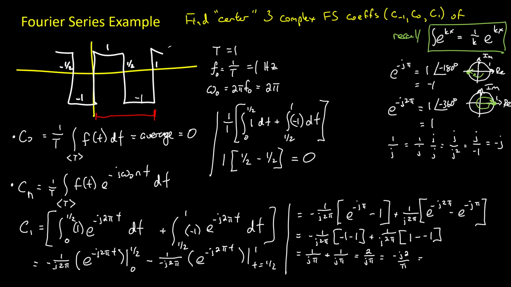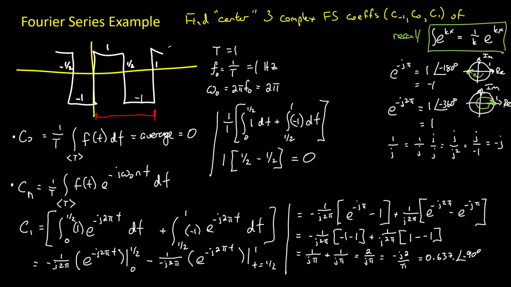So 2 over pi, the magnitude of this, is about 0.637. And what is its angle? We've got a minus j, which on this imaginary-real complex plane would be down here. And so that's clearly at minus 90 degrees.